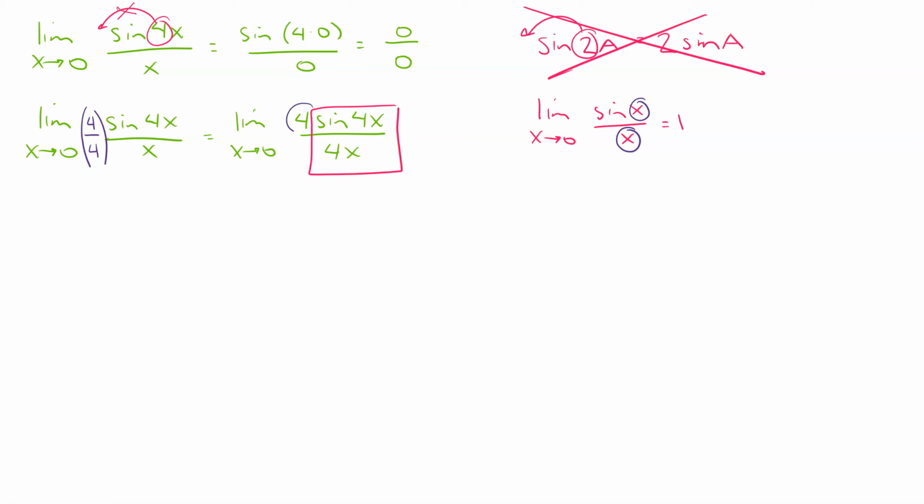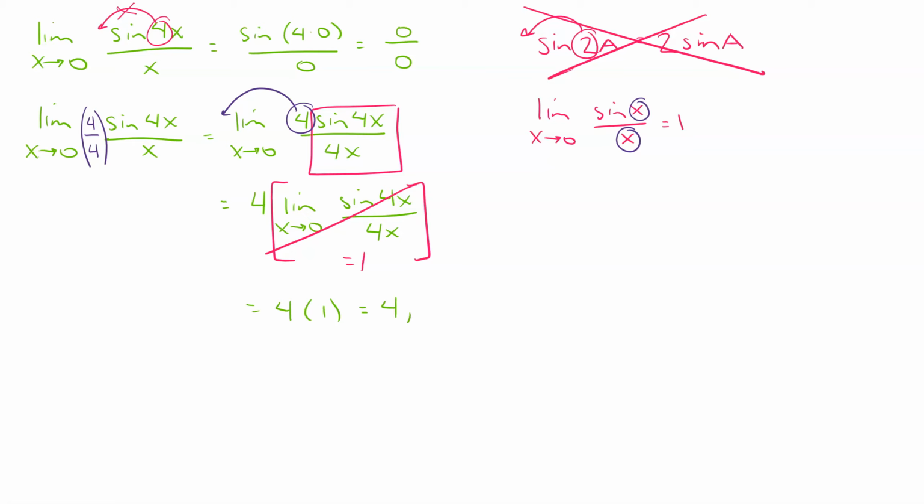I can pull my constant out of the limit, and I have 4 times the limit as x goes to 0 of sine 4x over 4x. That limit combo simply equals 1, and I get 4 times 1, which is 4. That's the limit. My restriction is that x can't be 0, and there's a removable discontinuity at 0, 4.